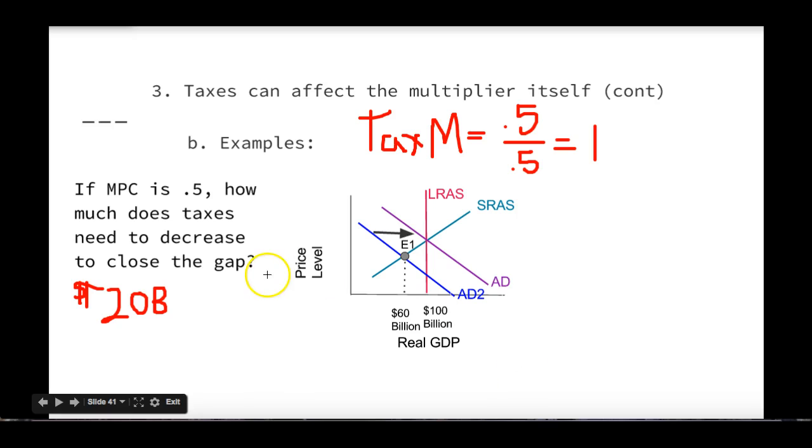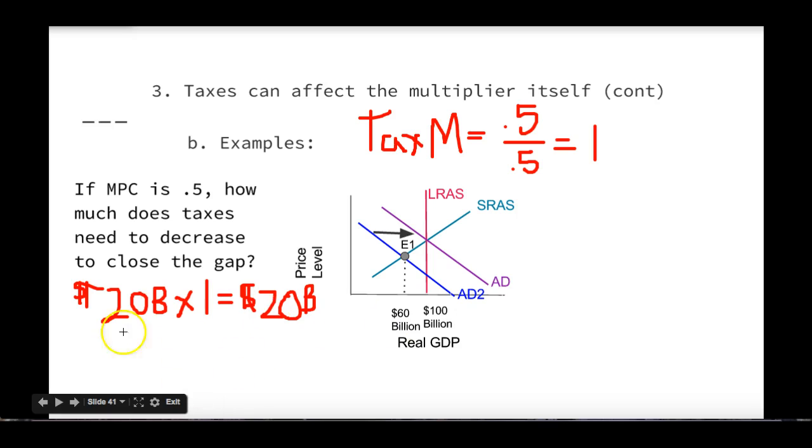Okay? So any changes in our taxes are going to be multiplied by 1. So that $20 billion tax cut that we gave to people is only going to be multiplied by 1. That means our aggregate demand curve is only going to be increased by $20 billion. And that's not going to work because we have a gap of $40 billion.